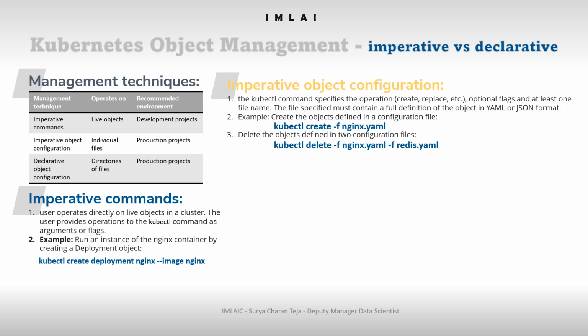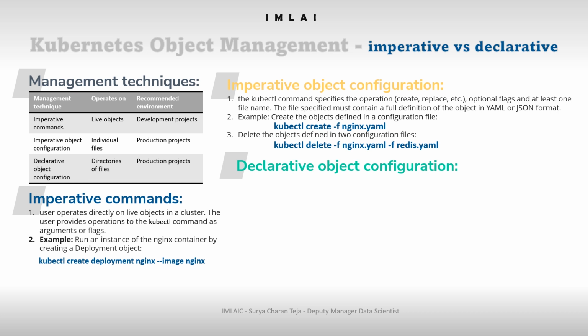So then we have the third type, which is declarative object configuration. So here, when using declarative object configuration, a user operates on object configuration files stored locally.